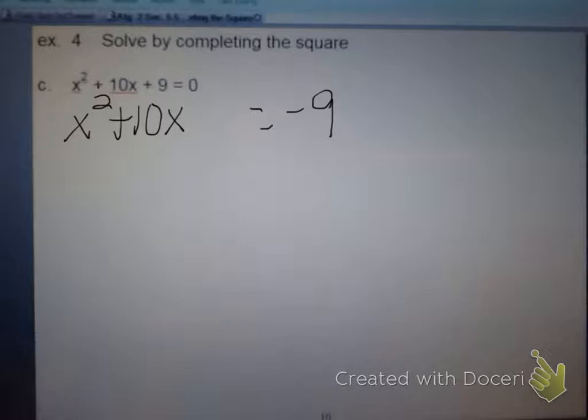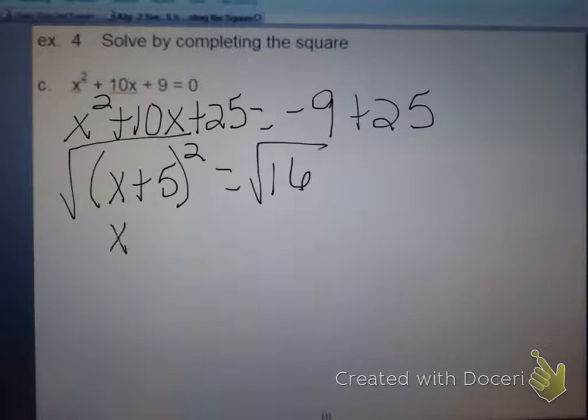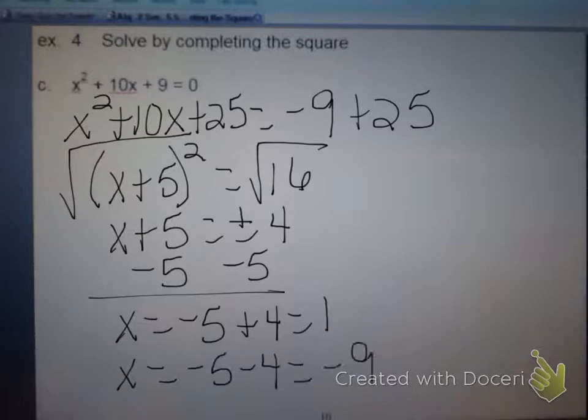Half of 10 is 5, squared is 25. So that's (x + 5) quantity squared is equal to 16. Take the square root. X plus 5 is equal to plus or minus 4. Subtract 5 on both sides. So x is equal to negative 5 plus 4, which is 1, and x is equal to negative 5 minus 4, which is negative 9.